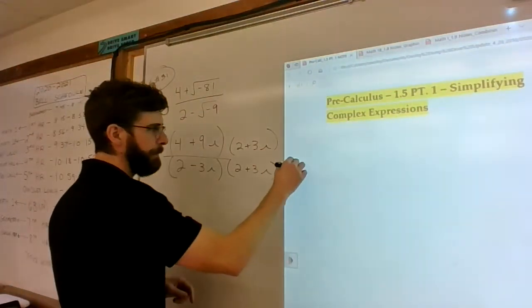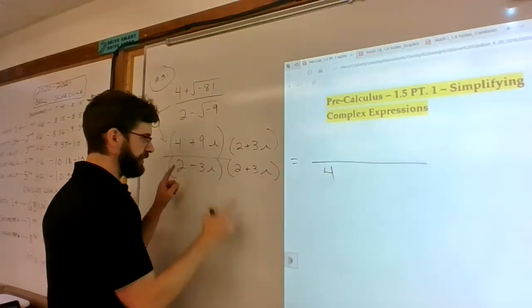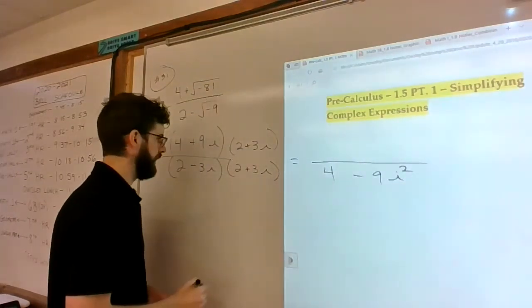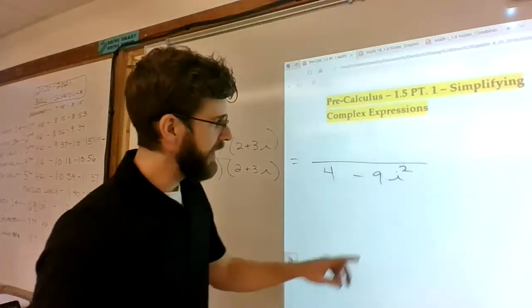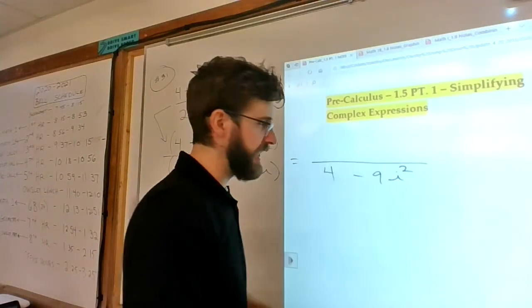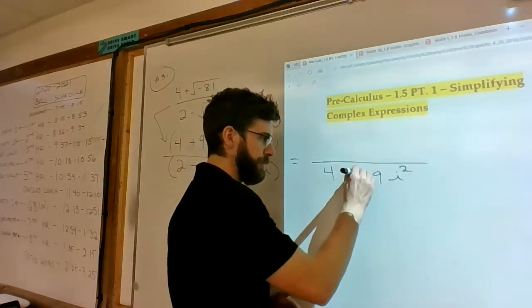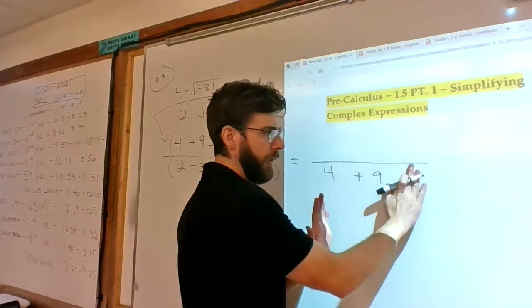The shortcut on the bottom is that you square the first, you square the last, and you put a minus in between them. However, instead of the i squared, we just say, since that's negative 1, it's going to change the sign of this to plus, and then we can just say, all right, you've done your job, now go away.